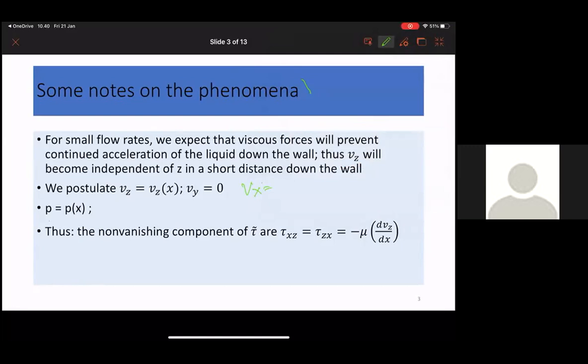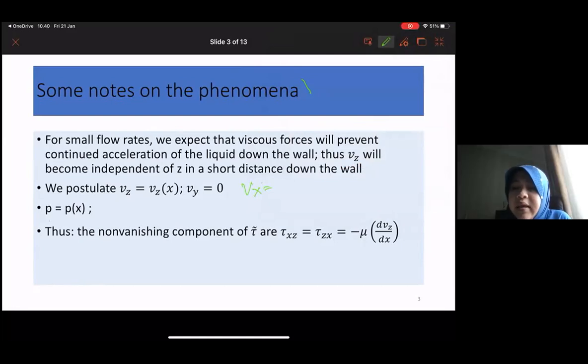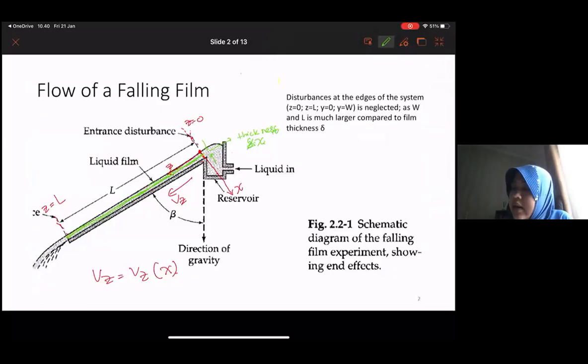Because if you look at here, the flow is in the z direction, isn't it? So z direction means from here to here.